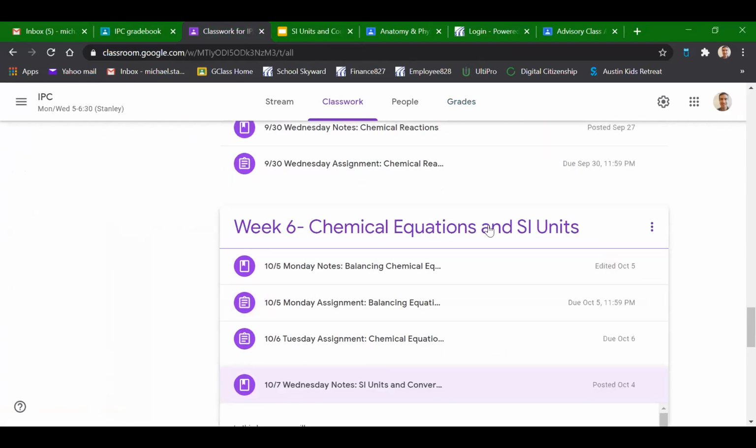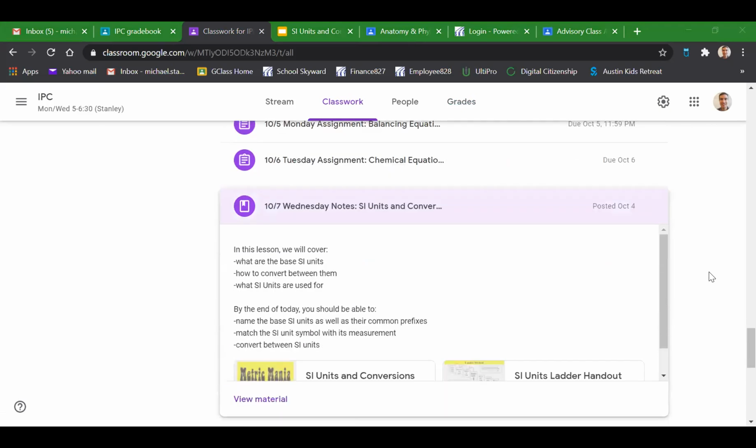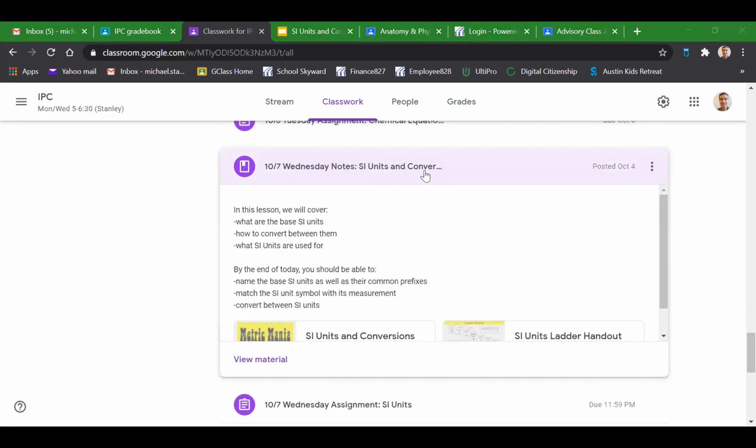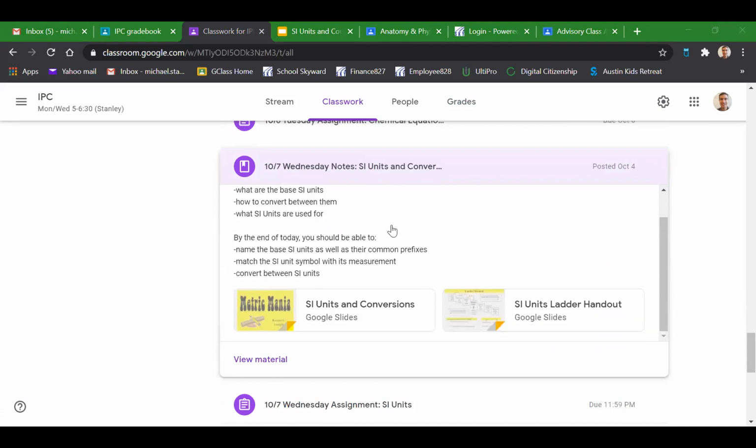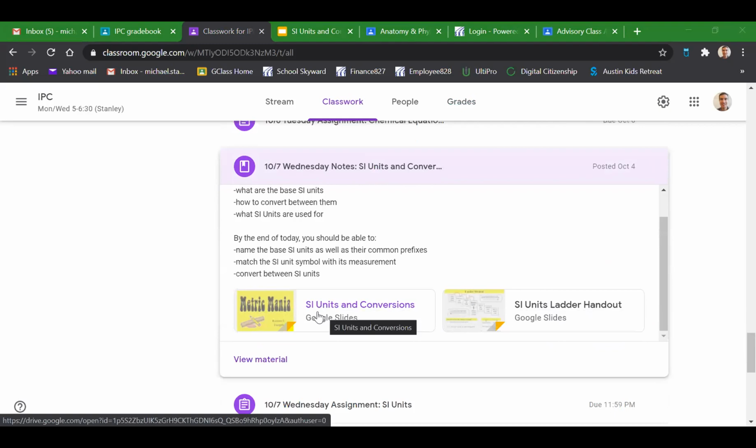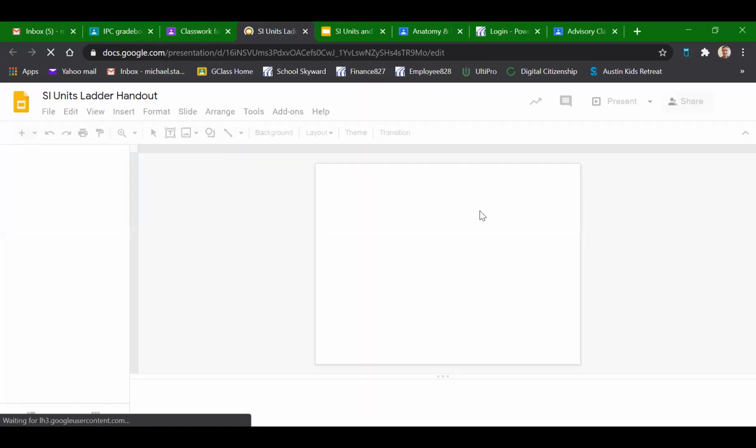So under chemical equations and SI units on the Google Classroom, there is the section of notes from today, which is Wednesday the 7th. Right here are the SI units and conversions notes. So there's the whole slideshow that I just went through with you guys right now. But I also posted a slide of just the ladder.